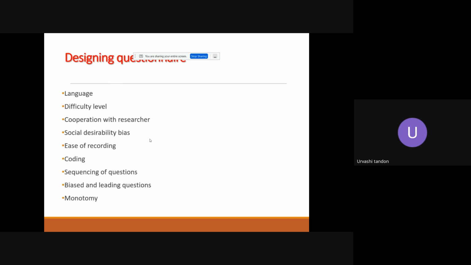You put codes 1 2 for male female, and codes 1 2 3 4 5 for the Likert scale, because then you don't have to reassign the numbers, right? And sequencing of questions is very important. The sequence is easy questions first and technical questions at the end, right? Biased and leading questions I'll be taking later in this session only.